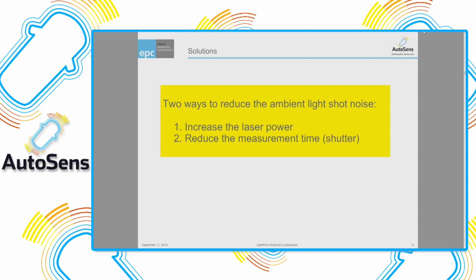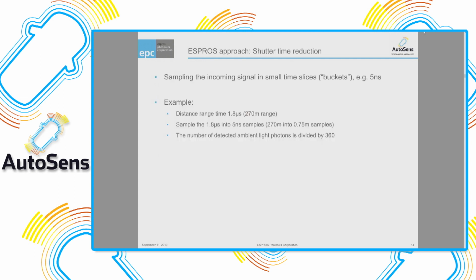Because of a shorter shutter time, you collect less ambient light photons. And that's exactly what we do. We sample the incoming light into very short time slices, for example, 5 nanoseconds or 4 nanoseconds sampling time.